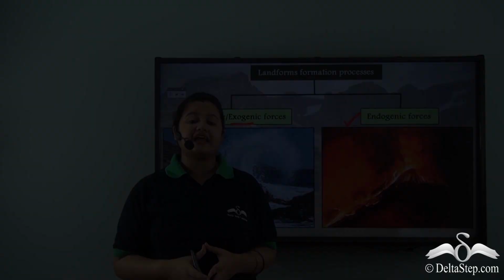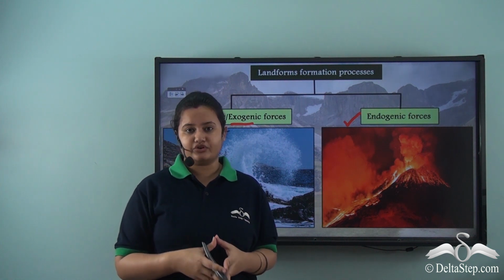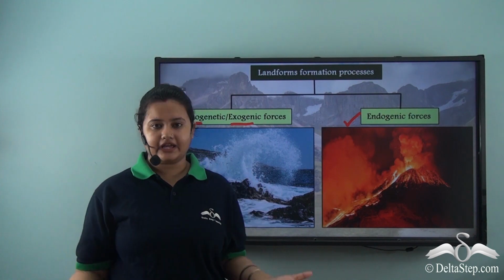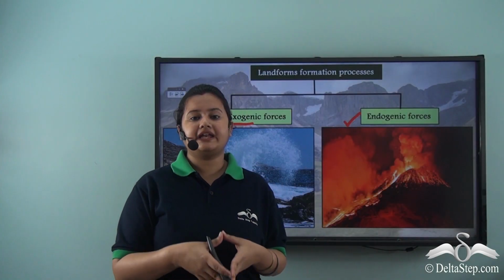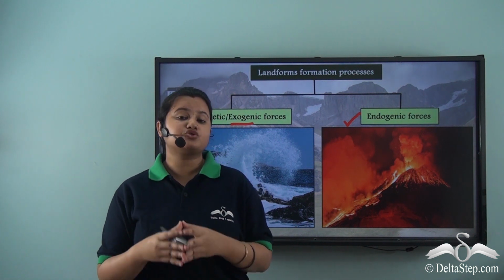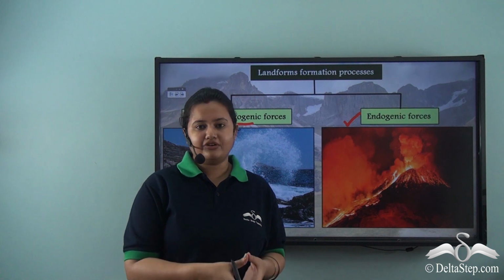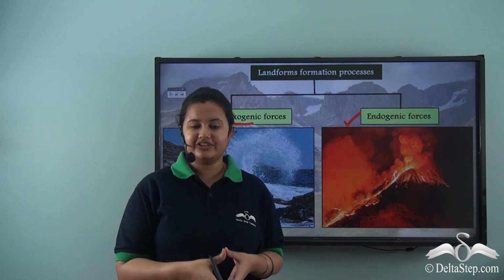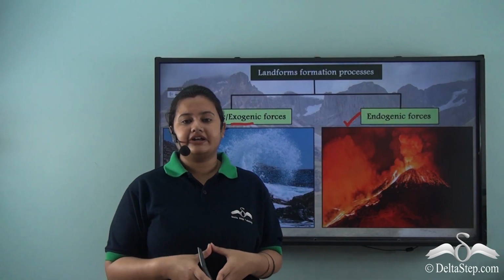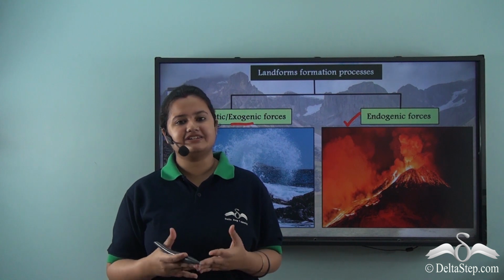We have studied that endogenic forces are forces that act beneath the Earth's surface, and due to these processes we have volcanic eruptions, and during volcanic eruptions lava flows out of a volcano, and due to solidification and condensation of lava different kinds of landforms are formed on the Earth's surface like a volcanic mountain and a volcanic plateau. Now we will study about mountains, plateaus and plains in detail in our later lessons.